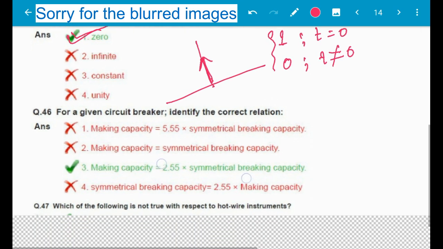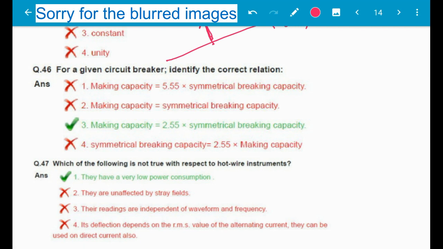Next, question number 46. For a given circuit breaker, identify the correct relation. Here we will discuss this one. First, this is relating making capacity and symmetrical breaking capacity.